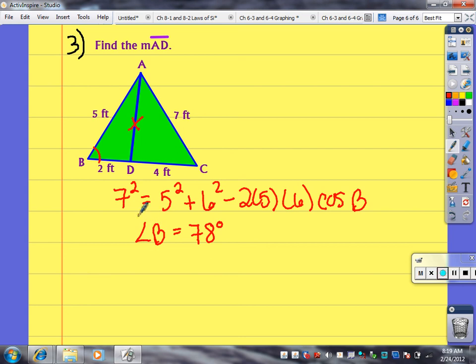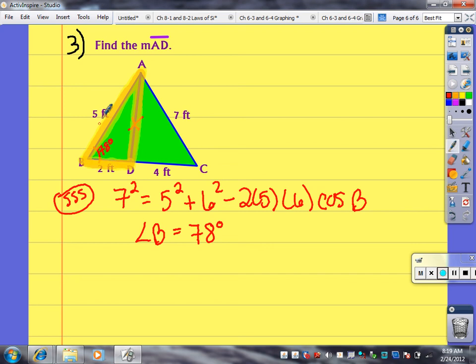Now, once I know angle B is 78, and we were given side, side, side initially, now I can just focus on this triangle here that maybe you can see with the yellow. There we go, right? So if we focus on this triangle here, then we have again a side angle side, right?